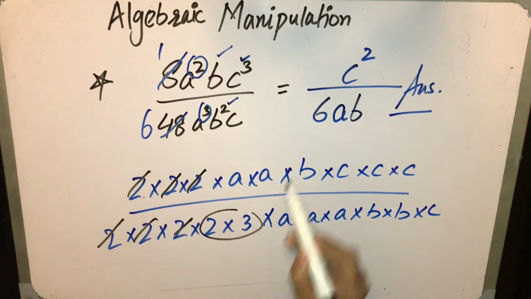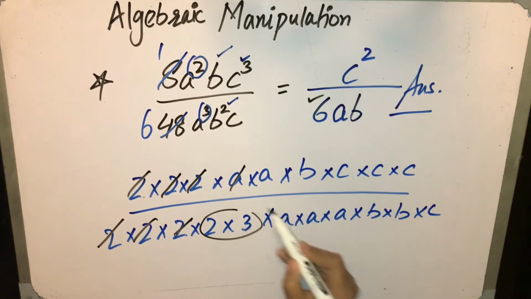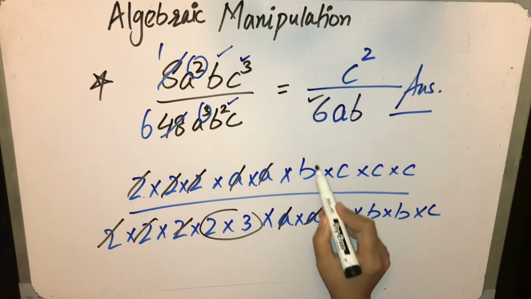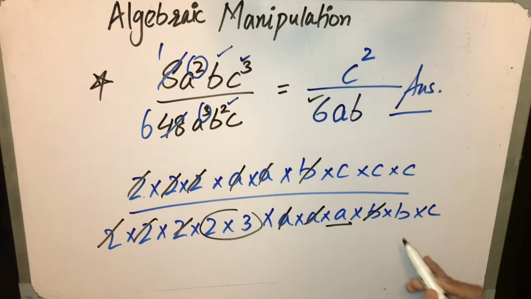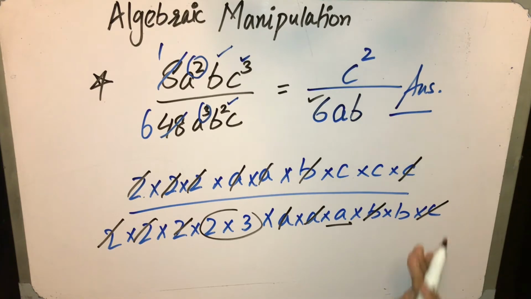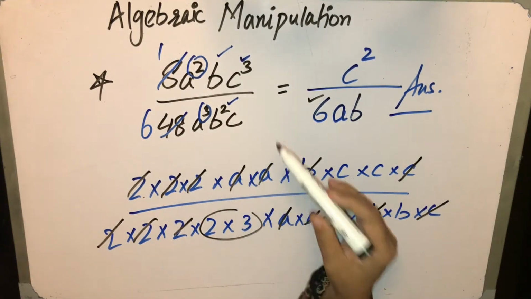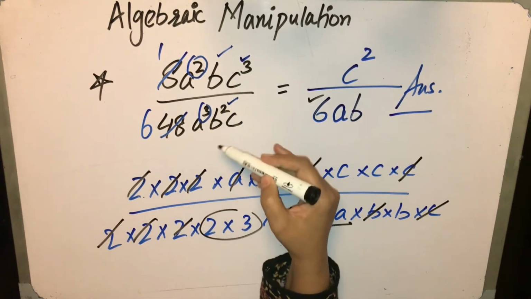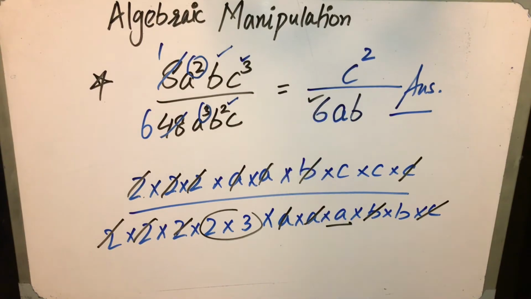What is left? 6. Right? 1a, 2a cancelled, only 1a left. 1b cancelled, 1b in the denominator left, 1c cancelled, 2 c's left. So instead of doing such long calculations, we subtract the smaller power from the bigger. Here a cubed, 3 minus 2, a to the 1, b squared, 2 minus 1, 1, c cubed, 3 minus 2, c squared.